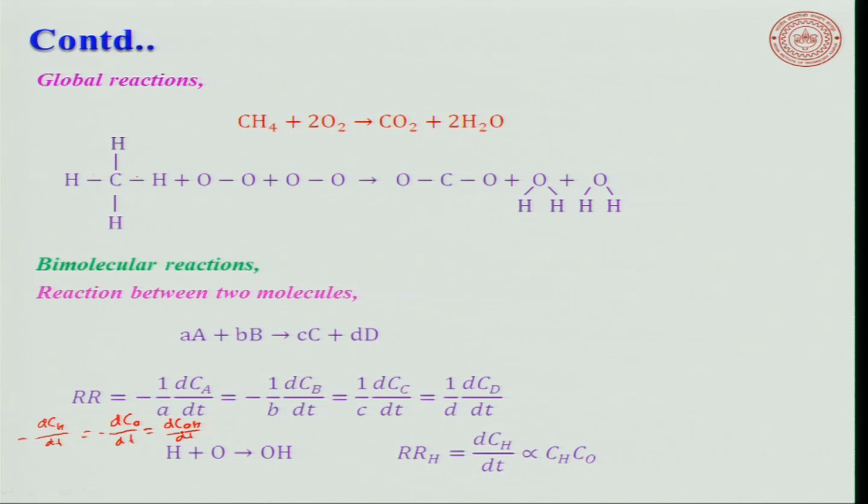Keep in mind that this reaction rate, in this example dC_H by dt, is proportional to the concentration of hydrogen and oxygen. When you talk about this concentration of hydrogen and oxygen, then there has to be a constant. So, that constant we call the rate of reaction kind of thing.